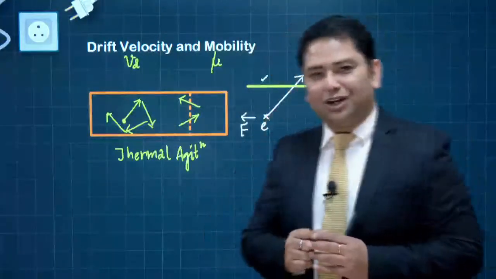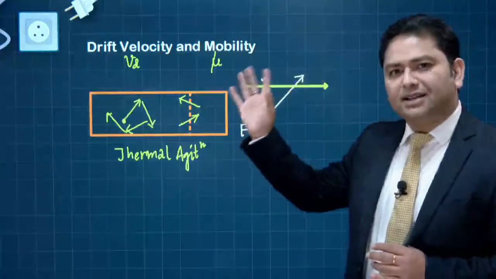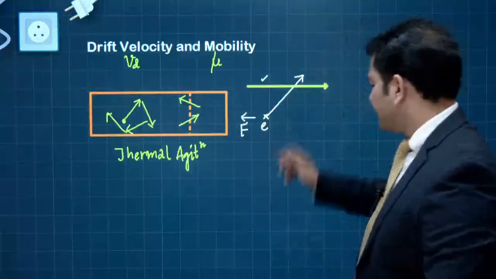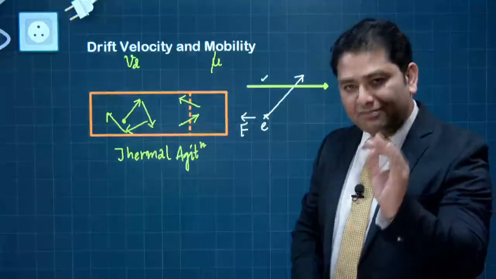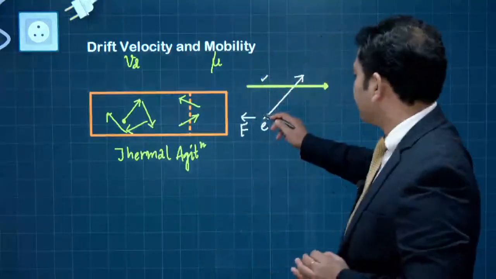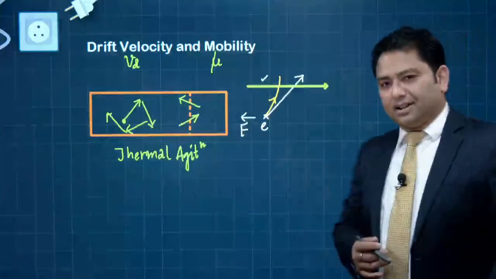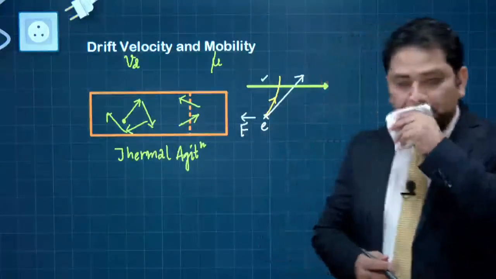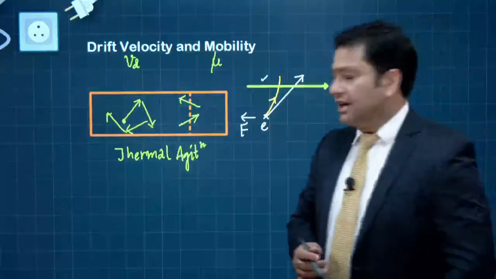You need to remember already this velocity is tremendously high. Tremendously high. It goes in the range of kilometer per second. But because of this electric field, we get one tiny achievement. That achievement is very, very tiny, and it's something like this. The path of the electron would be modified in this way, a curve, preferably a parabola, because if the electric field is constant, that would be a parabolic path. होगा क्या?